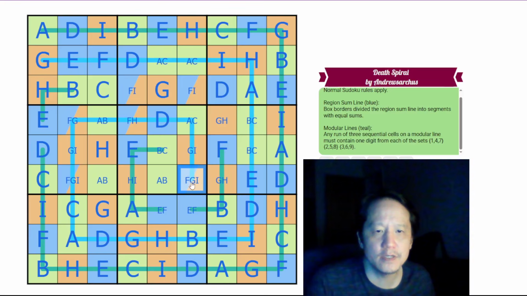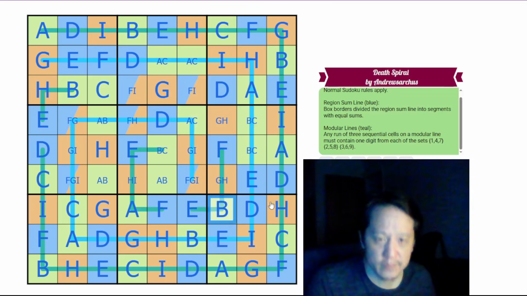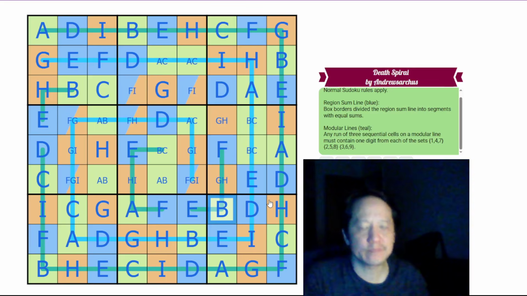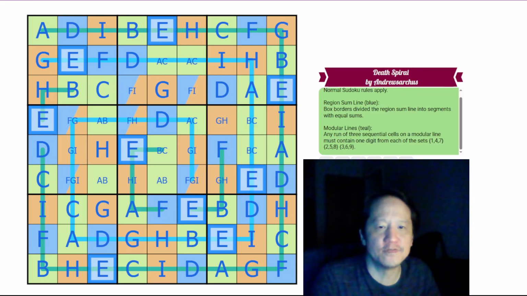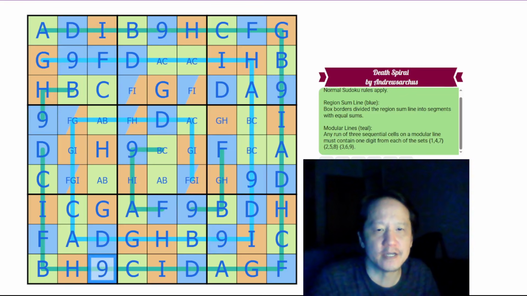This can't be E. So F is one of these two. E eliminates E here, so that's F, which makes that E. Okay. So E is 9. That's helpful. So we know that's 9.